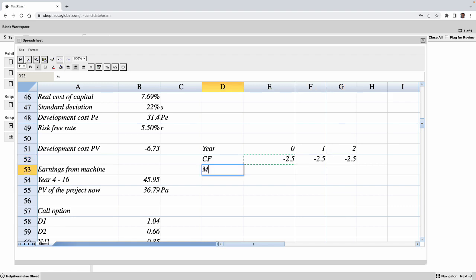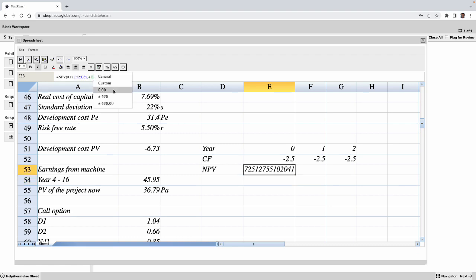Make sense? And you could have done NPV, the normal way, 1, 2. You would have got the same number.